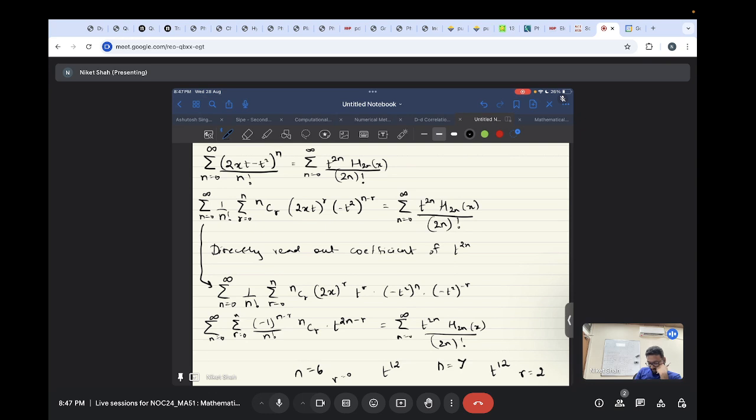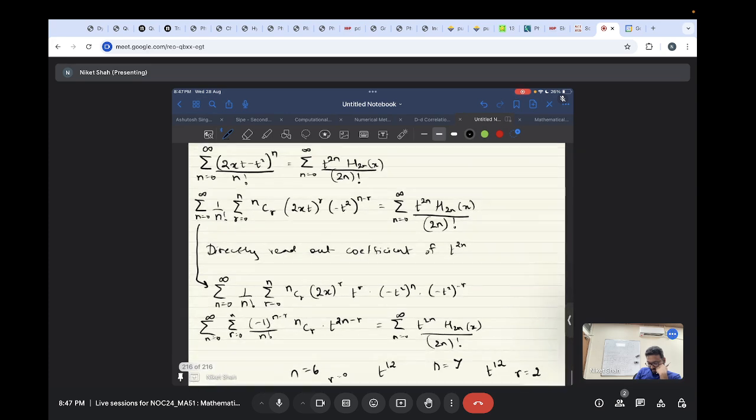So the point being that there are these kinds of terms here on the left hand side. On the right hand side, we can match these powers. So this is something I'm not very convinced with.